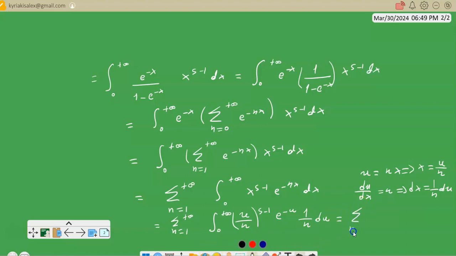So it's the sum from 1 to infinity, integral from 0 to infinity, u to the power of s minus 1, e to the power of minus u du, and in the denominator I also have n to the power of s.